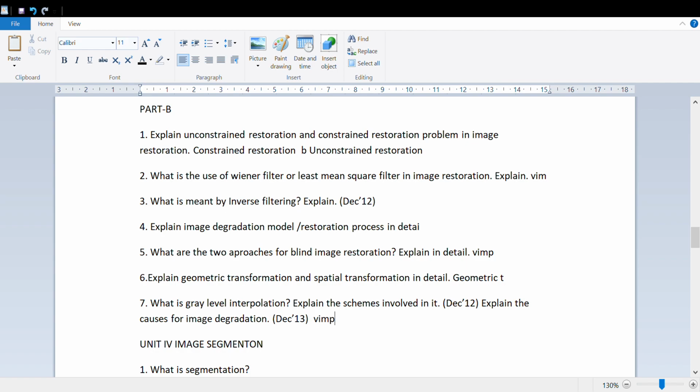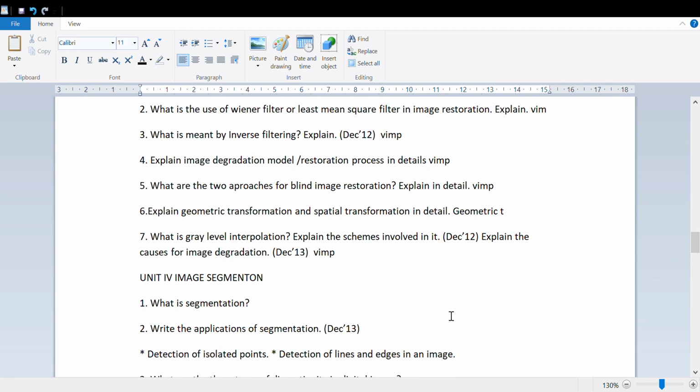Different levels of interpolation, different geometric expressions, and two approaches. What is meant by inverse filter? How can we convert the inverse filter into normal filtration? And these are the questions from the third unit.